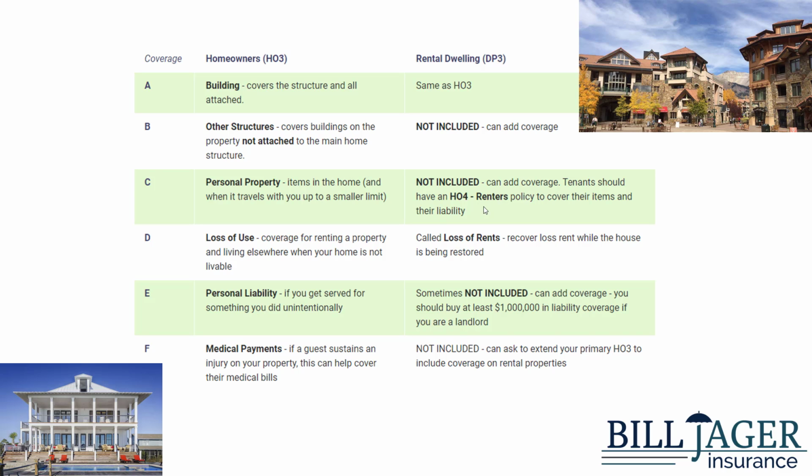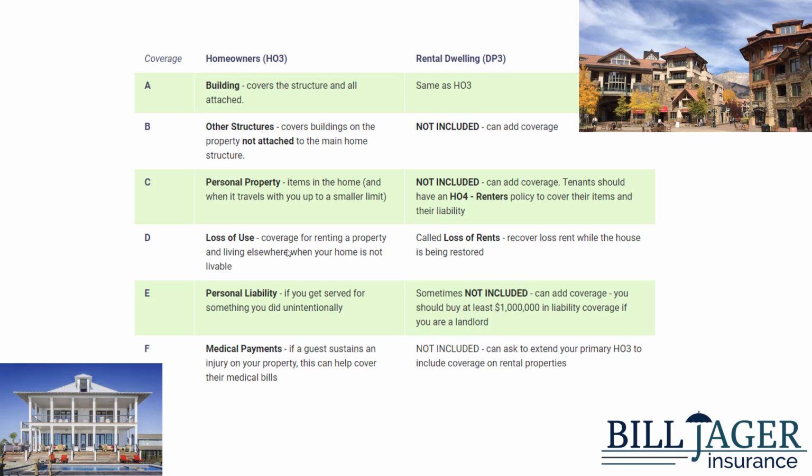The loss of use in a house: if something happens to the house, during the time when you're having the house rebuilt, you have coverage to pay for a hotel or another house that you've been renting, so that you can essentially wait for the house to be rebuilt.